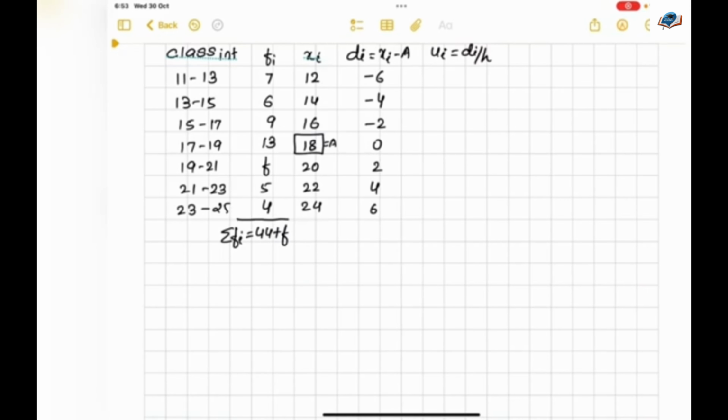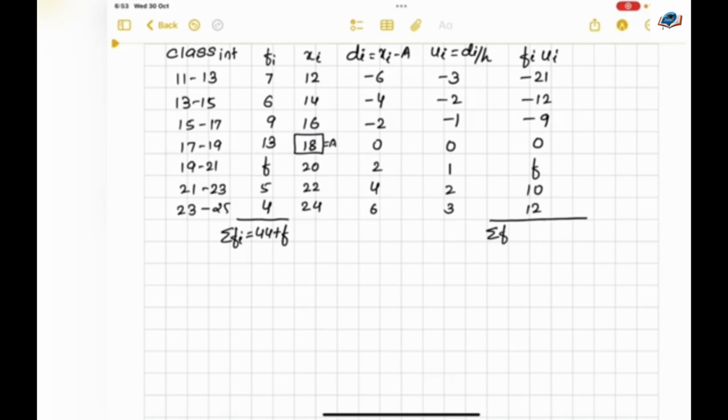So minus 6 by 2 will be minus 3, minus 2, minus 1, 0, 1, 2, and 3. Now fiui, so 7 into minus 3 will be minus 21, same way minus 12, minus 9, 0. Now f into 1 will be f, 10, 12. Now I will add sigma fiui also. So I am getting minus 20 plus f.